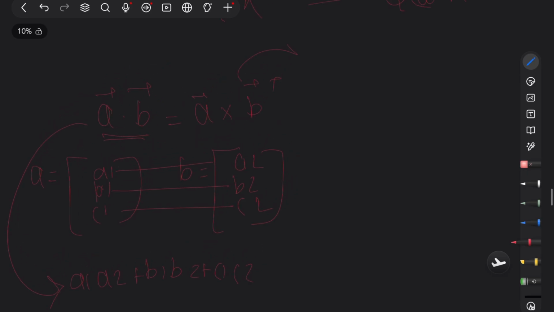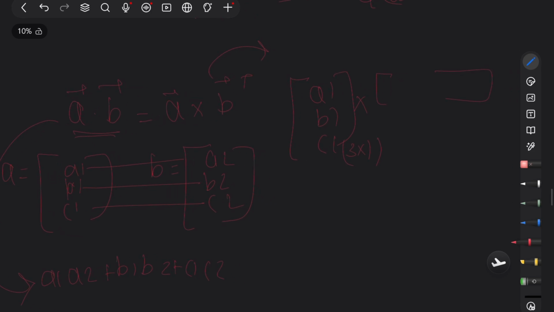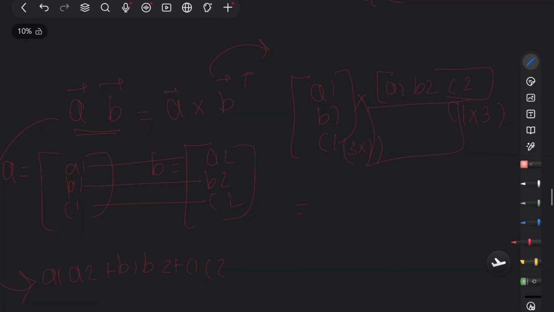And let's compute this value. What is the A matrix? It is A1, B1, C1. The shape is 3 cross 1. And this is the transpose of this matrix, A2, B2, C2. The shape is 1 cross 3. So we can multiply it, right? What is the value then? It is A1 A2 plus B1 B2 plus C1 C2.